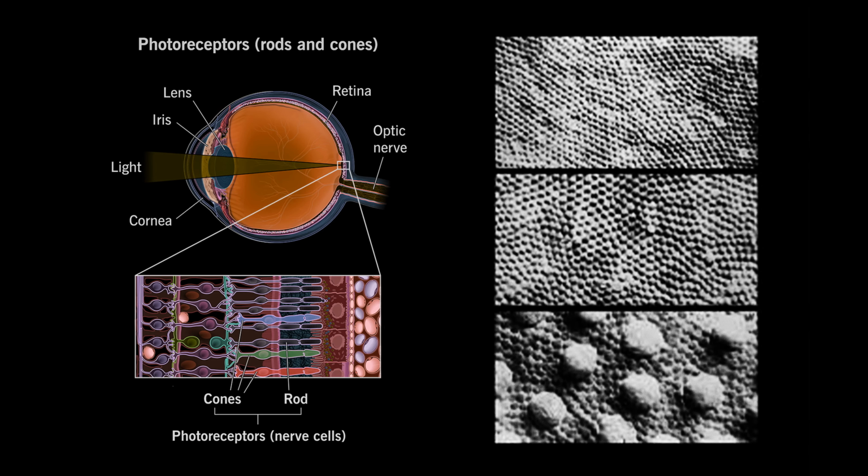And at the same time, rods are responsible for you being able to perceive and understand depth, together with the fact that you have two eyes that are creating what's called stereoscopic vision. But color comes from the cones, which, if you look at the pictures to the right, which are real pictures, the cones are those slightly bigger bumps that you see.